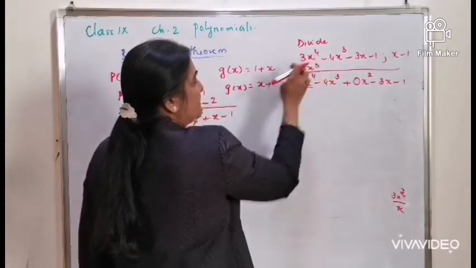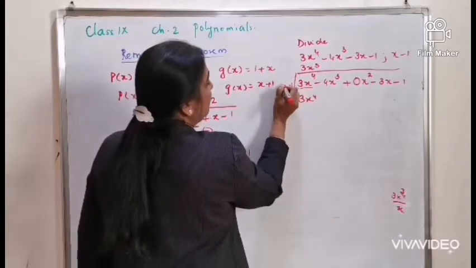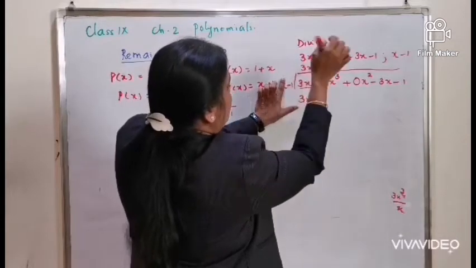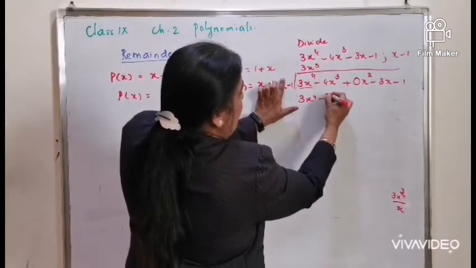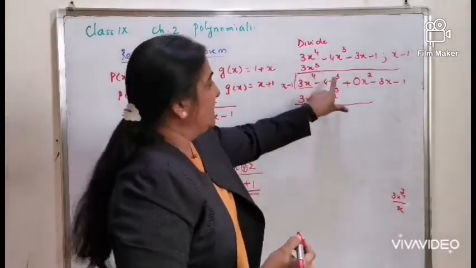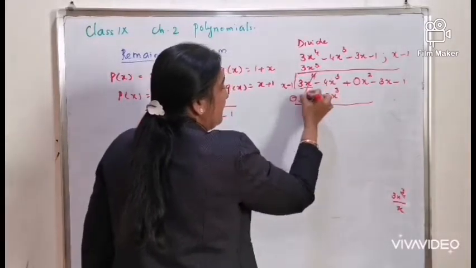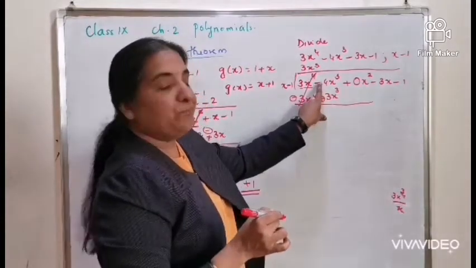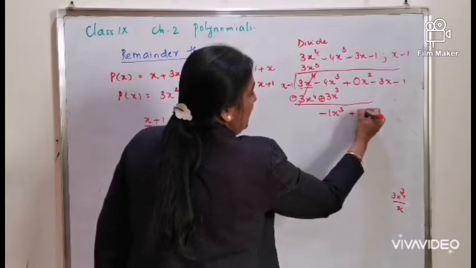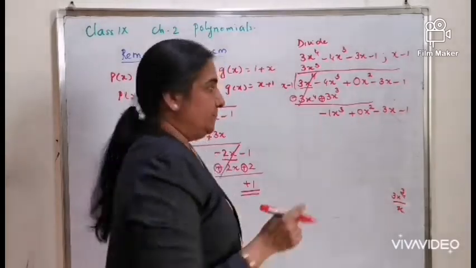3x cube into x is giving you 3x raised to 4. Minus 1 into 3x cube is giving you minus 3x cube. You have to see that you are arranging under the like terms. Subtracting, minus 4x cube plus 3x cube is giving you minus 1x cube plus 0x square minus 3x minus 1.